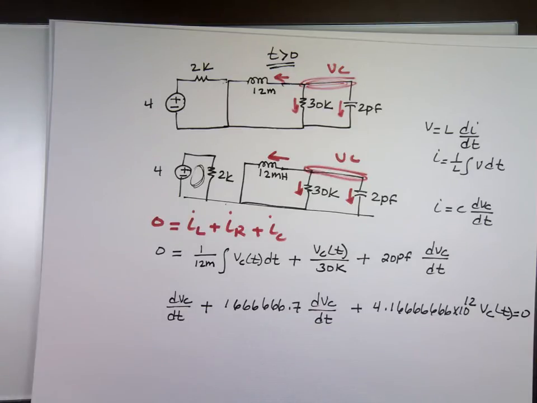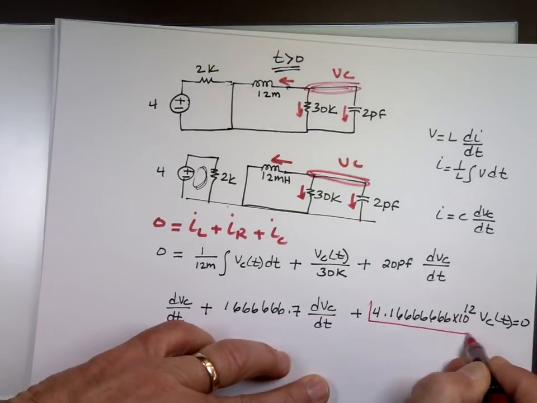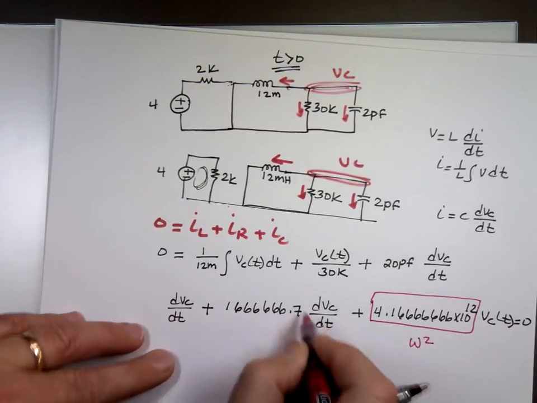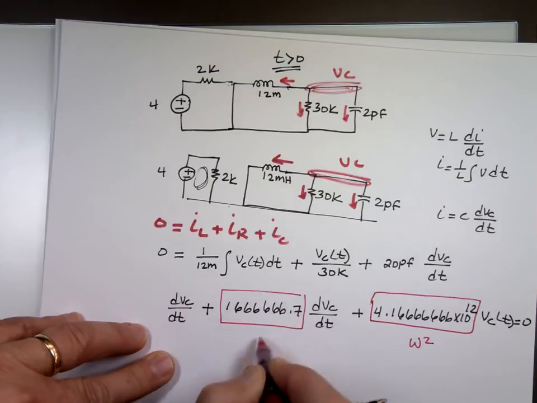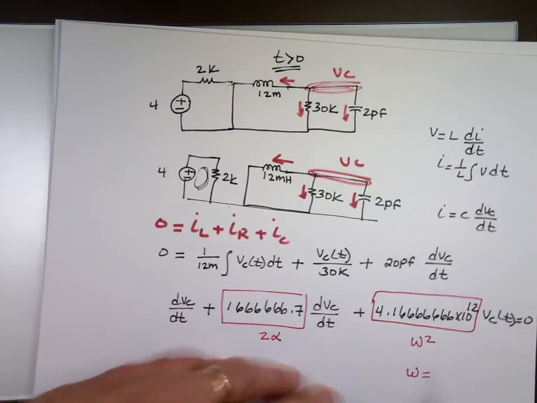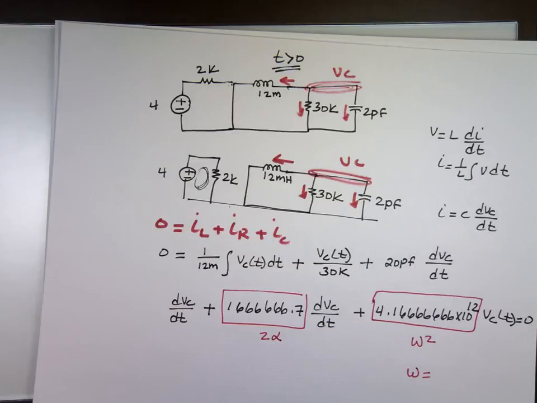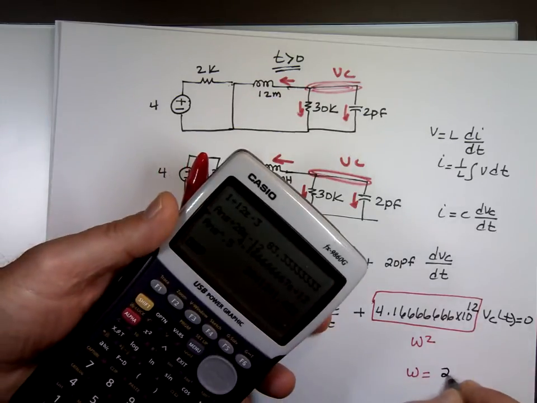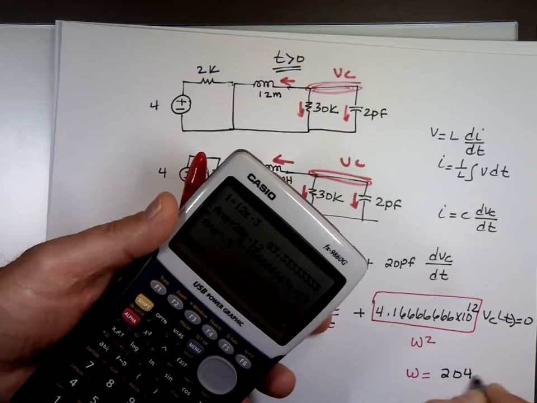This is W squared. This is 2 alpha. W equals what? The square root of that number. It looks like roughly, I want to use decimal values, 2,041,241.